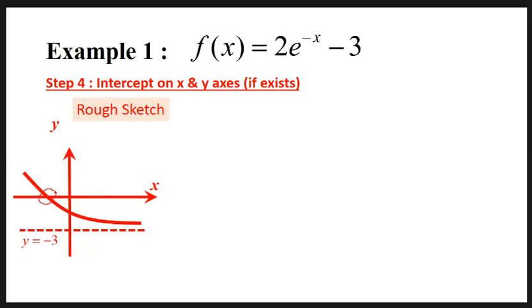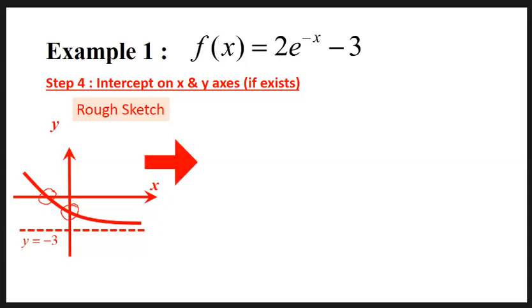I can see that the graph has the chance to cut the x and y axes in this rough sketch. So I know there should be x and y intercepts. However, this may not be the exact point where our graph cuts the y and x axes, so we need calculations to further verify the locations.